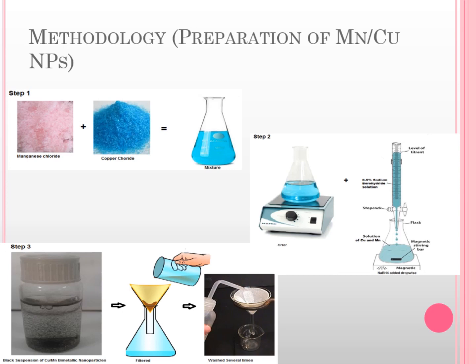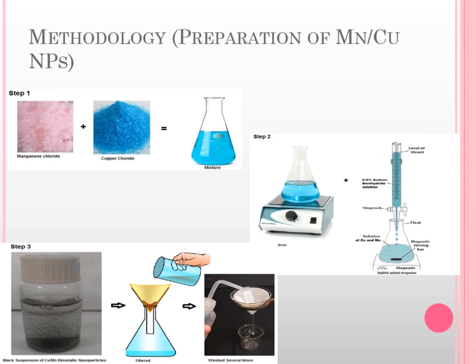Methodology: how the bimetallic nanoparticles of manganese and copper were prepared. In the first step, the manganese and copper salts were mixed and dissolved in water. In the second step, the solution was stirred and the reducing agent, sodium borohydride, was added to the mixture drop by drop.